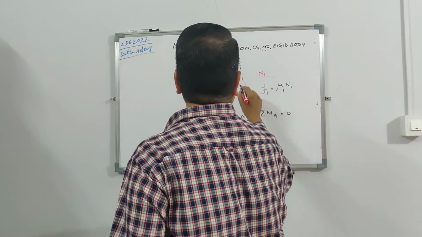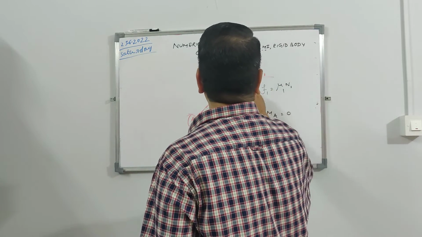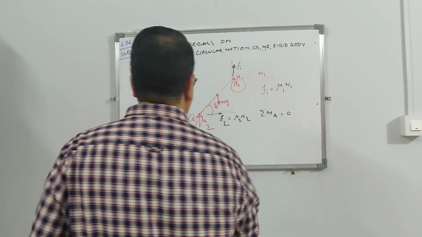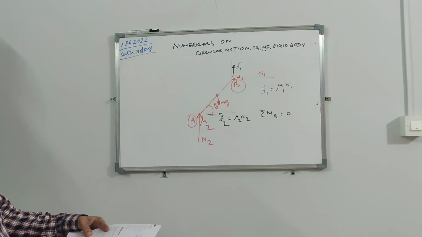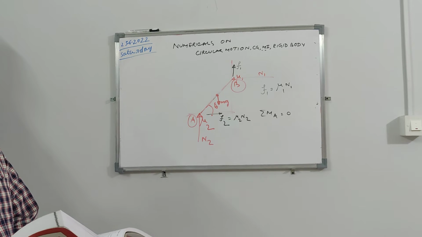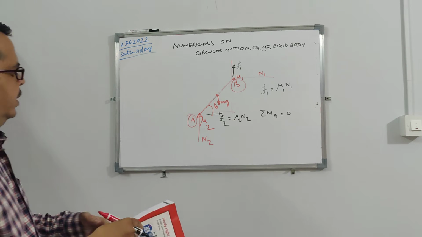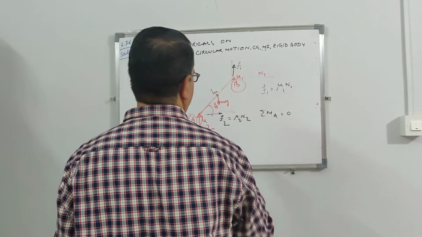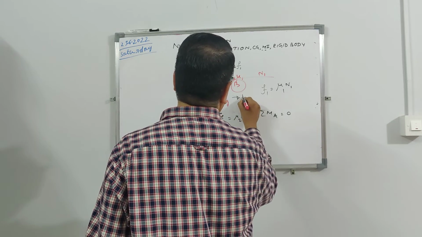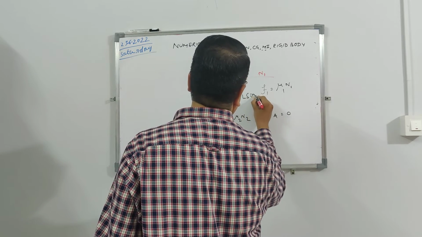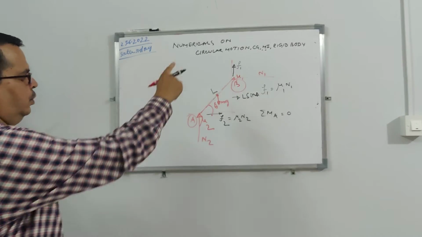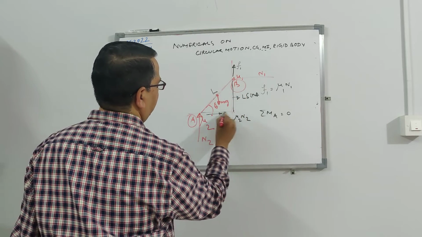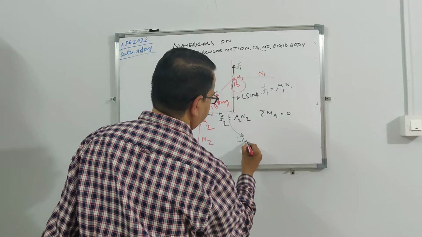About this point, what will be the moment? You know this length is L. That means this vertical side will be L sin theta, and this horizontal side will be L cos theta.